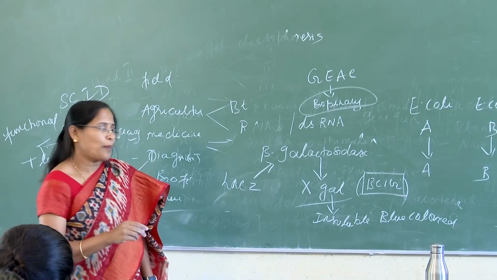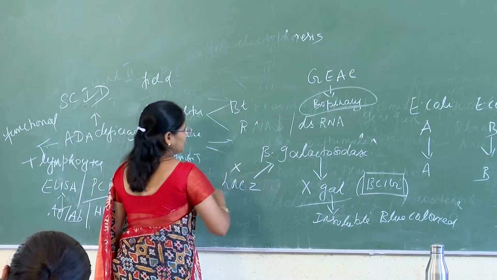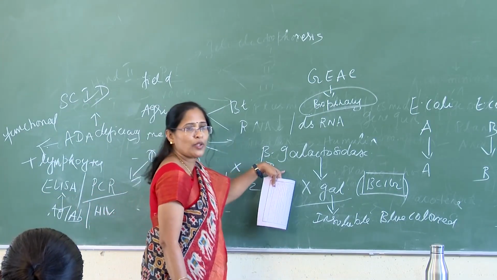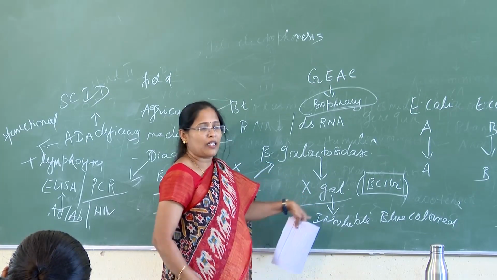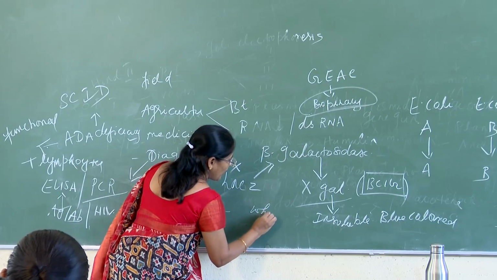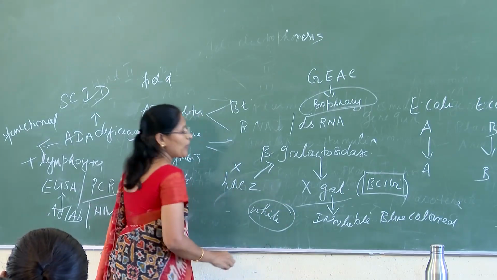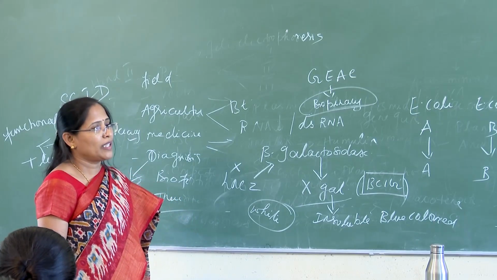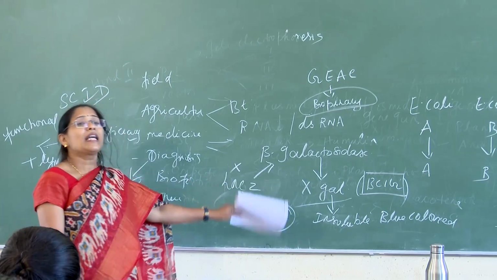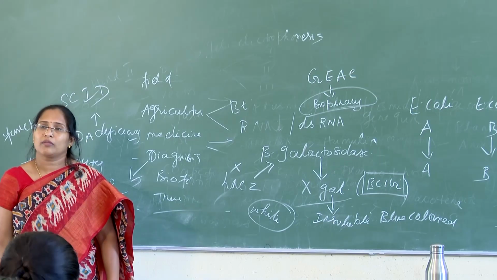Got it? Suppose there is no gene, will the enzyme be produced? No. Then it will not act on X-gal, so your colonies will be white. Which one will you select, white or blue colonies? Blue colonies. So this is called insertion inactivation.